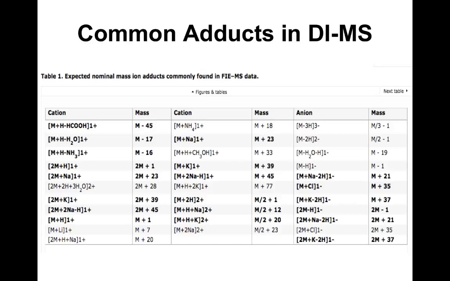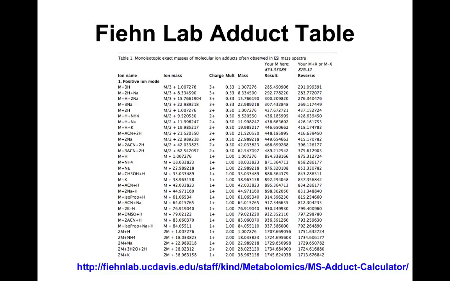In terms of common adducts, there's a long list of them. Some represent cations, some anions, some combinations of additions and subtractions. Oliver Fiehn has produced a very popular table showing another long list of adducts and how much mass will be added or subtracted.